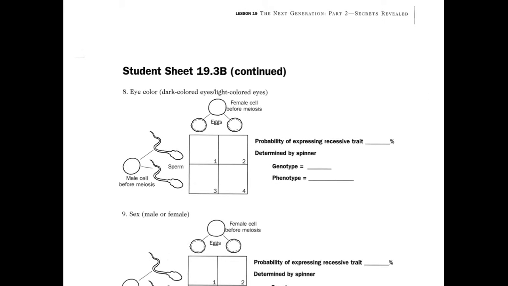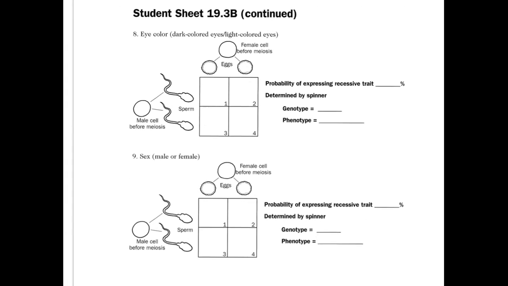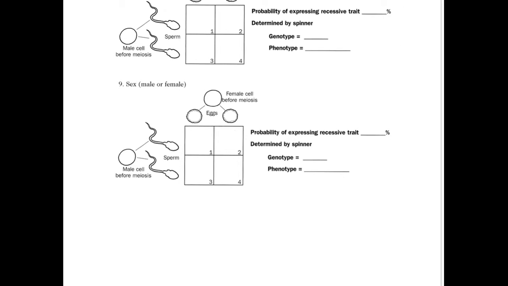Now I'm going to jump down. I've jumped down here to the gender, because some kids are confused because of the fact that the letters don't work the same way. We don't have uppercase and lowercase. A male is indicated XY, and a female is XX. So she's homozygous and he's heterozygous, but there's no dominant and recessive.